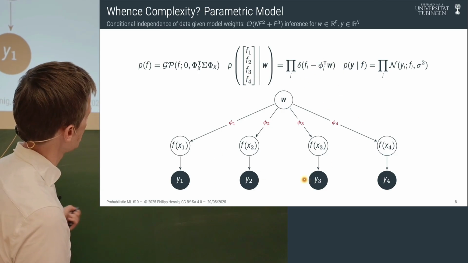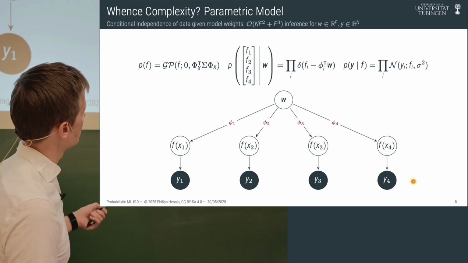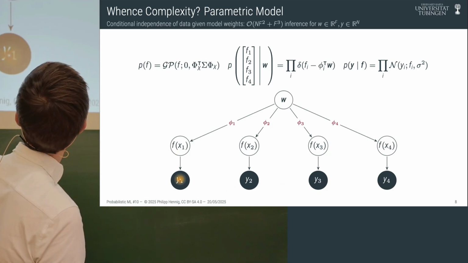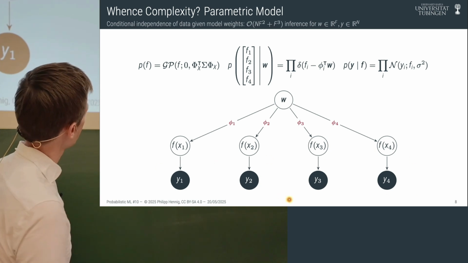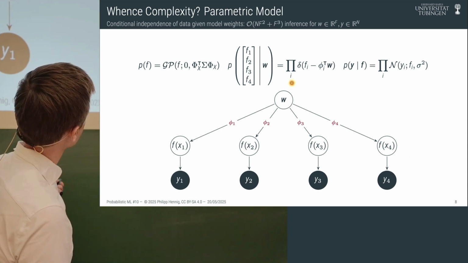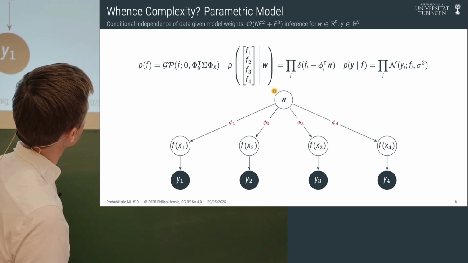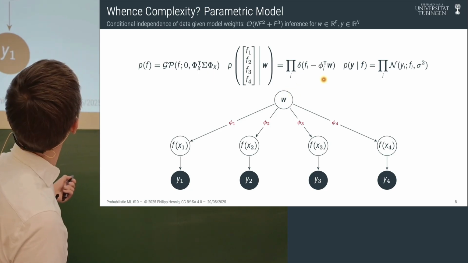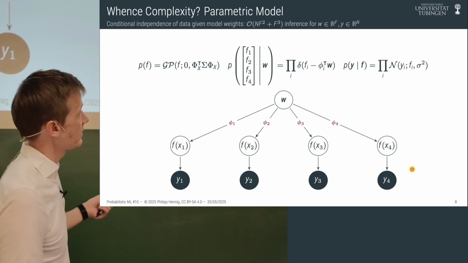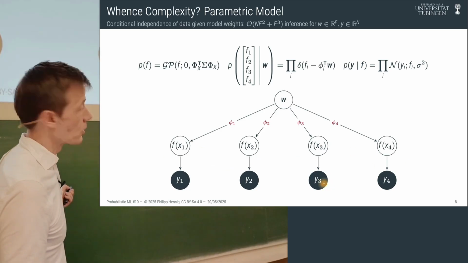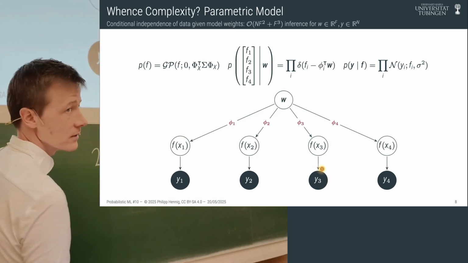That's the situation here. We make a bunch of observations. We have a name for the number of observations. Then our assumption is that when we condition on the weights, if you think of the conditional distribution for the f's given the w's, then they are independent of each other. So that's an easy thing to keep track of.